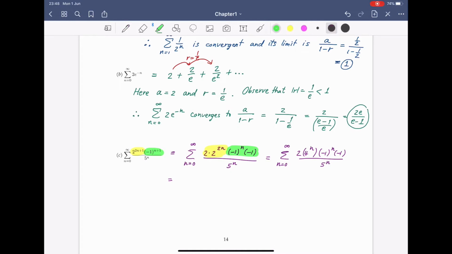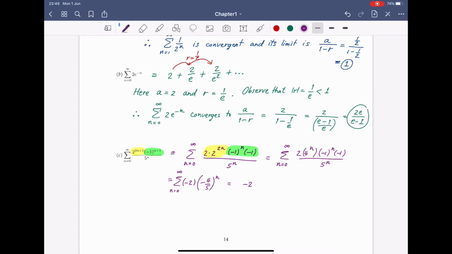So first of all, I'm going to pull out the number 2 and negative 1 here. So I pull out those 2, so I have negative 2. And the remaining terms, I group them together. So I have negative 4/5 to the n, right? And this is going to be negative 2 for the first term, because when I plug in n equal to 0, I get negative 2.